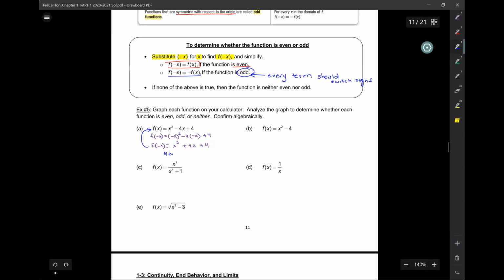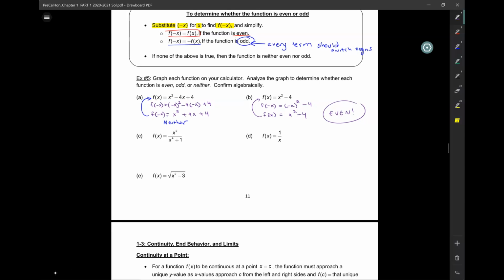So this is neither. All right, take a look at this next one. F of negative x is negative x squared minus 4. Simplify that, and you get x squared minus 4. Compare with the first one. We got the same function. It's even.